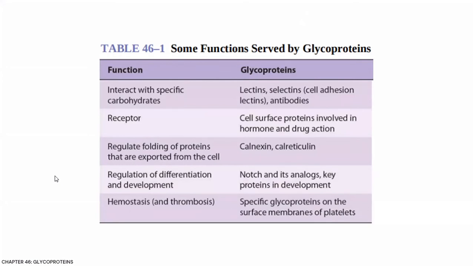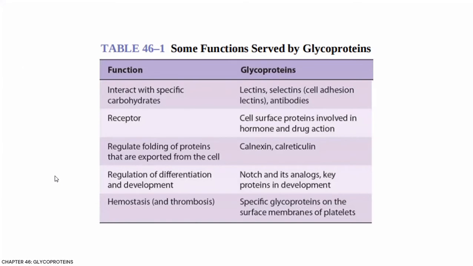And then we have proteins that regulate the folding of proteins. We call them calnexin, or the other one is calreticulin. They belong to what you call chaperone proteins. These chaperone proteins aid in the folding of the protein molecule after it is synthesized.